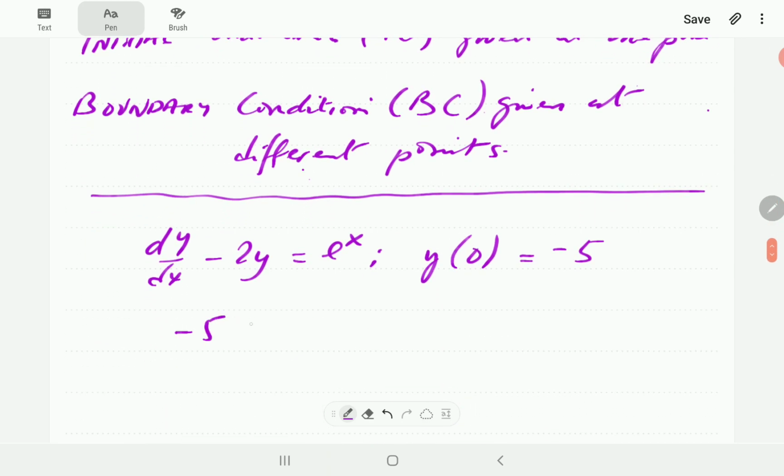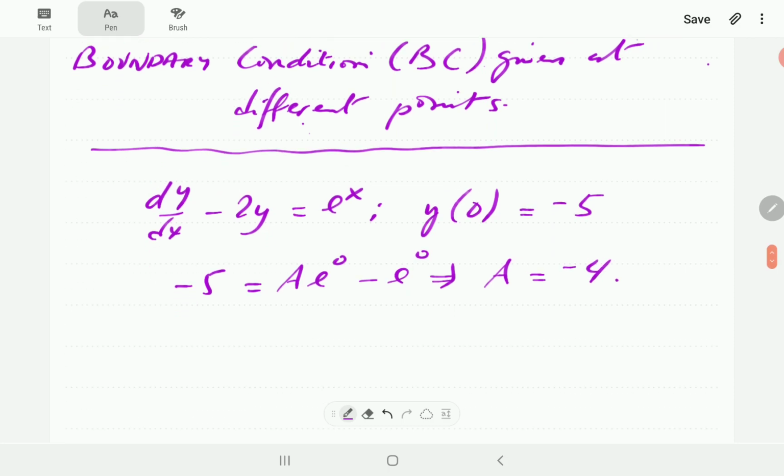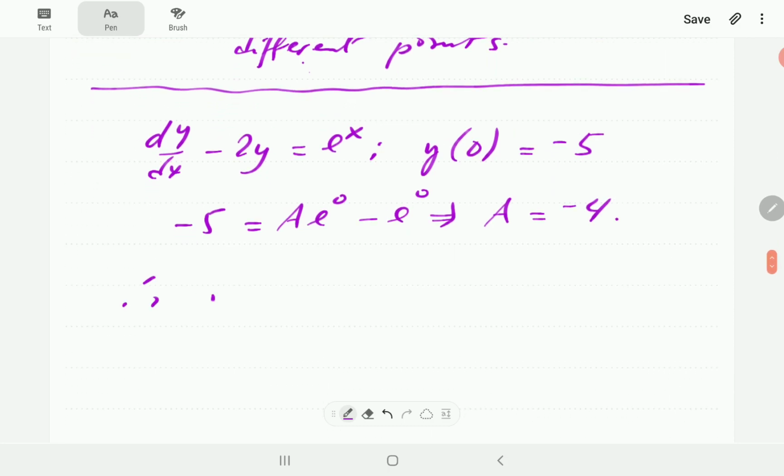So we're going to have -5 = a e^0 minus e^0. This is going to give us a is -4. So the particular solution is going to be -4e^(2x) minus e^x. So this is a particular solution satisfying that initial condition.